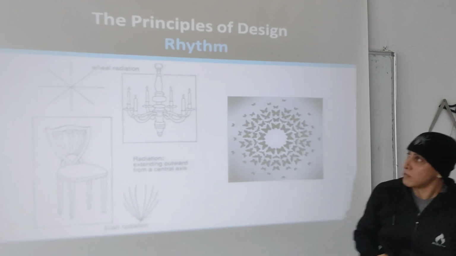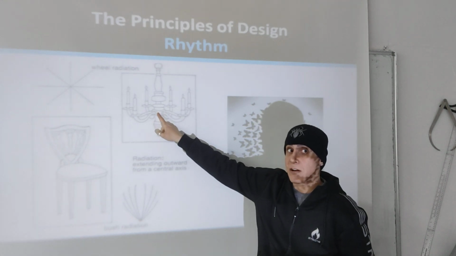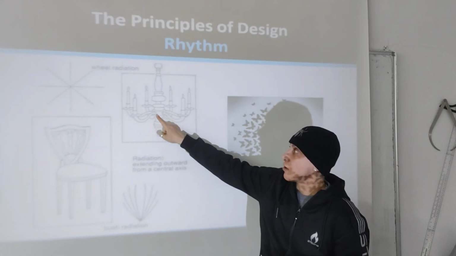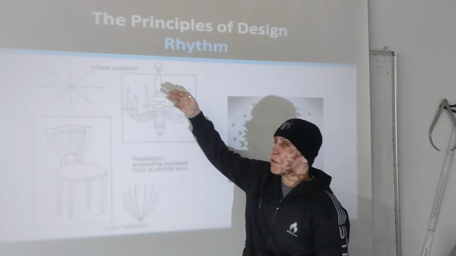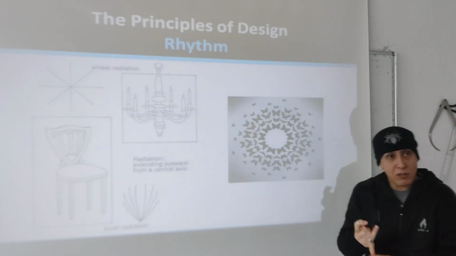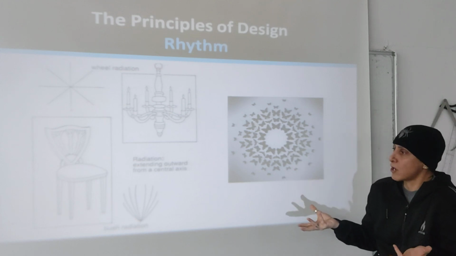Okay? This is real object, 3D object. Again, there is a center. Rhythm by radiation. It starts from a center, and then all of these shapes are repeated. We have repetition, we have rhythm. Okay? But which type? Okay?